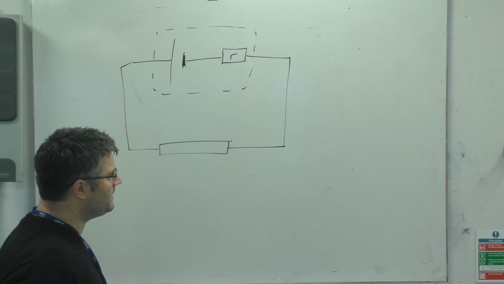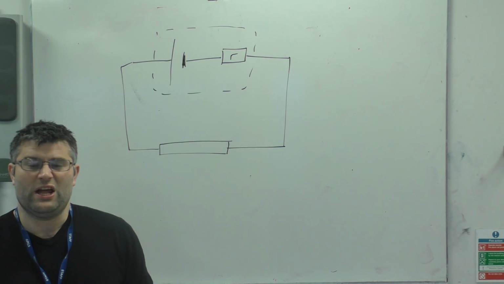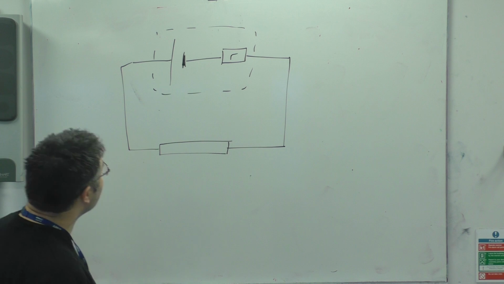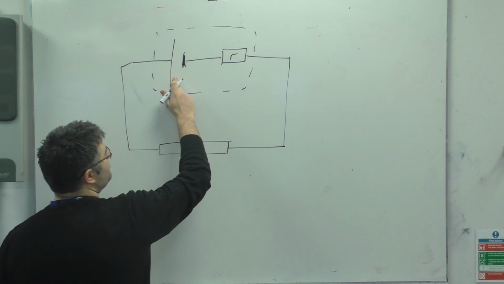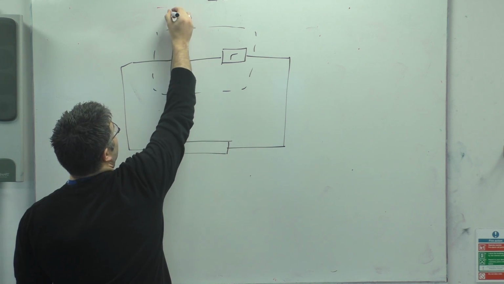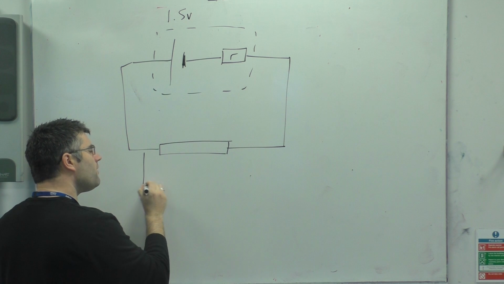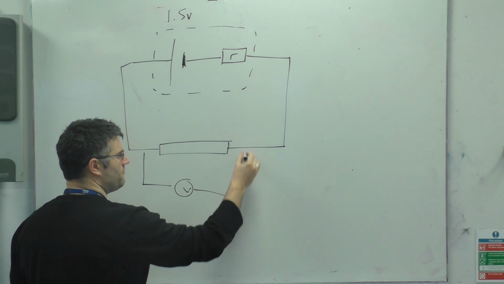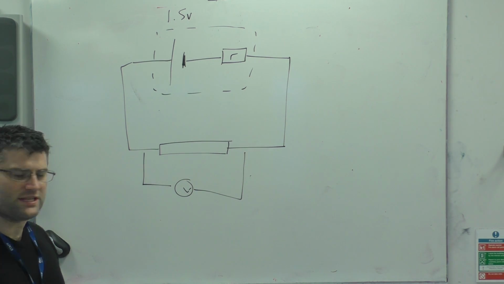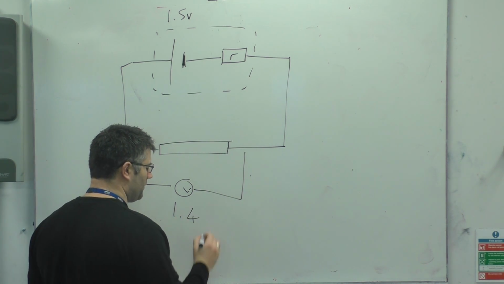And what we could do is we could essentially observe that, let's say for example, we've got a battery which quotes an EMF to us of, let's say, 1.5 volts. And we put our voltmeter across this resistor here, the big one that's in the circuit, and we only get out 1.4 volts.